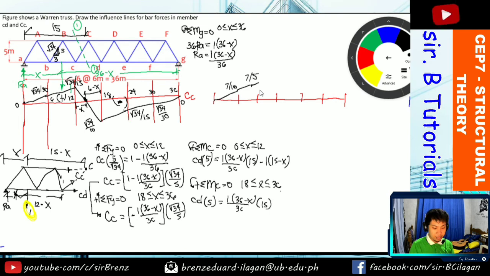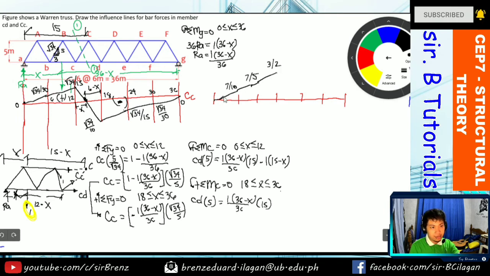Tanggalin mo yung part na may 1 bago ka mag-calculate again. Okay, calculate, and then 18. So, magiging 3 halves. So, at a distance of 18, magiging 3 halves siya. So, positive din, 3 halves.